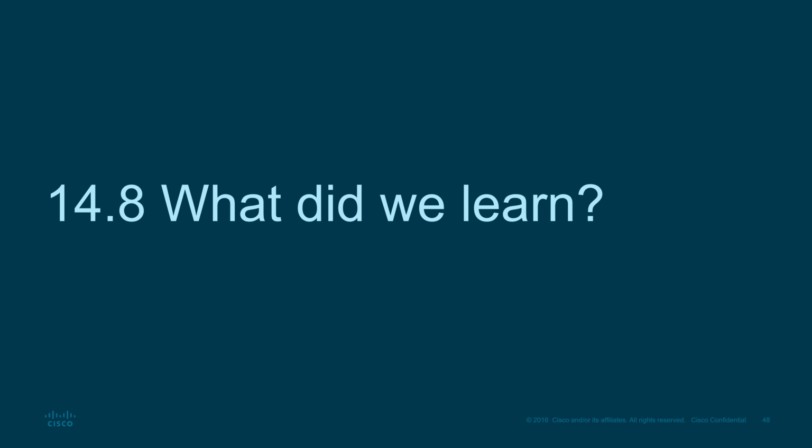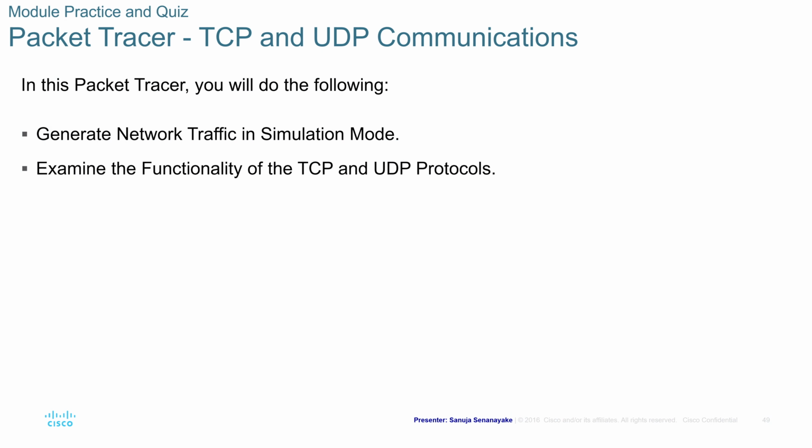And that brings us to the end of this lecture. Now I will cover quickly what we learned in this particular module. There's a Packet Tracer lab available on your Cisco NetAcad. It is called TCP and UDP Communications. If you have access to the Cisco NetAcad documentation, please go ahead and download it and do it.